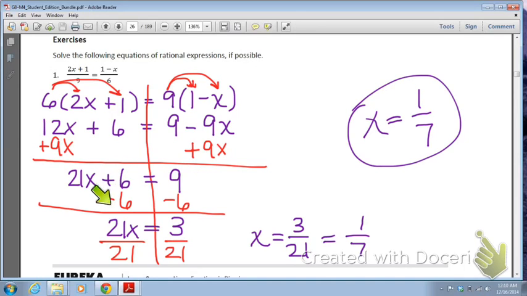Subtracting the 6 to get the x term by itself on one side. So 21x equals 3. Divide through by 21. And I get x equals 3 divided by 21, which is 1/7. Okay, and I could take this 1/7, put it back up in here for x to check my answer. All right, so I'll do exercise 2 next.